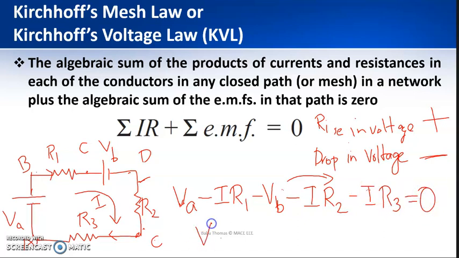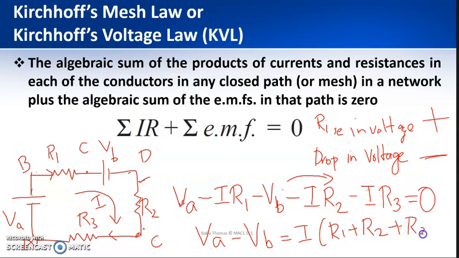Or we can write it as VA minus VB is equal to I into R1 plus R2 plus R3. So that is the algebraic sum of the products of currents and resistances in each of the conductors in a closed path, and that closed path is nothing but a mesh in a network, plus the algebraic sum of EMFs in that particular path is equal to 0.